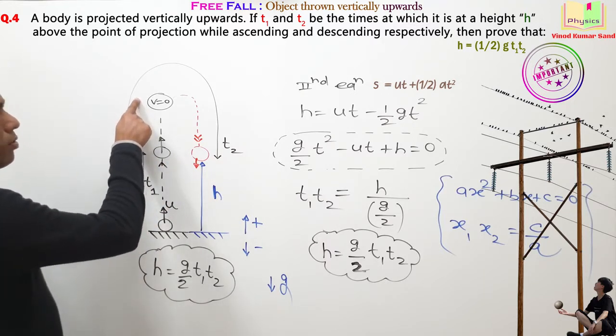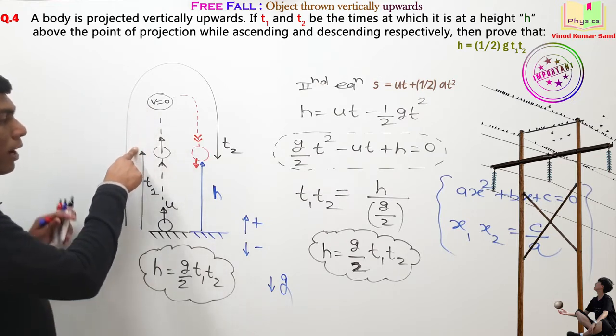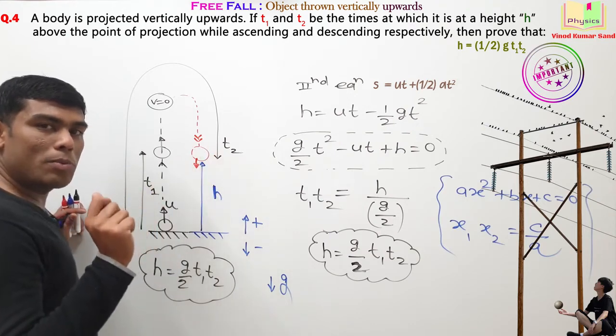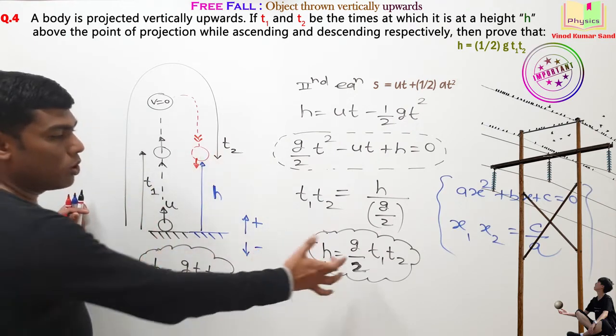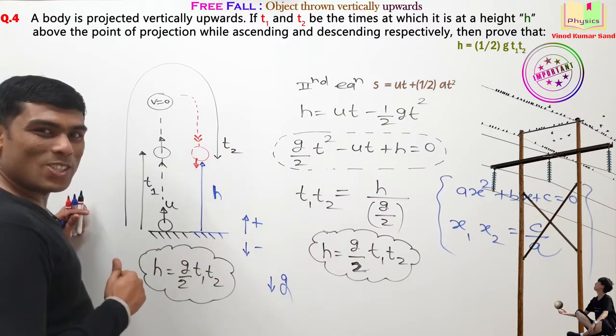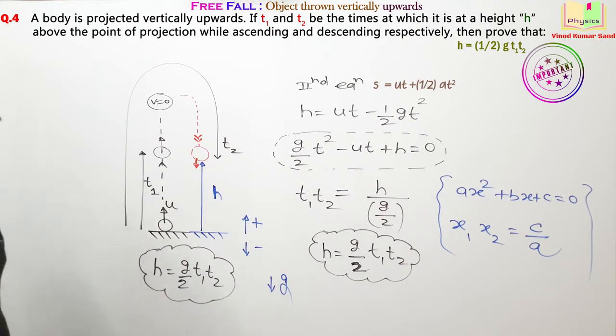Stone goes up further and then attains momentary rest, and then the stone falls back. While falling back, it will again cross the power line at the moment t2. So you put here t1, you put here t2, you'll get the answer. Done? Note it down, then I'll be taking a question on this.